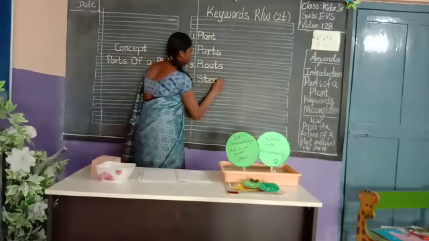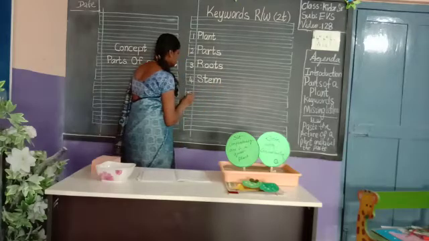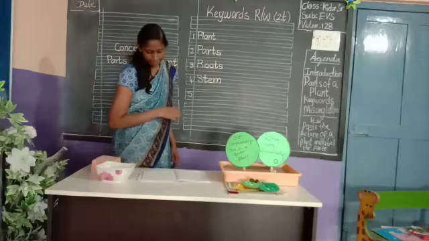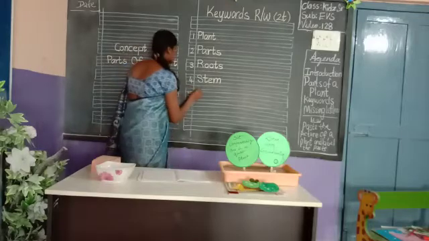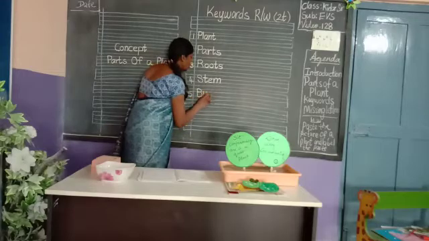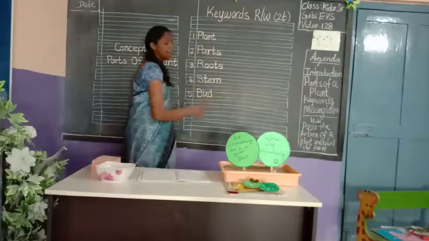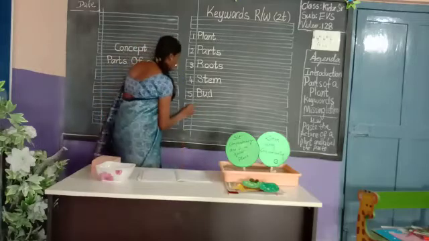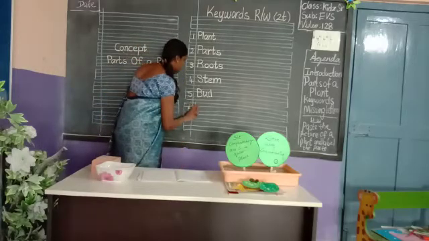Next one is S-T-E-M. Stem. Write it neatly, children. Next, you will write B-U-D. Bud. Now, sixth one is branch.